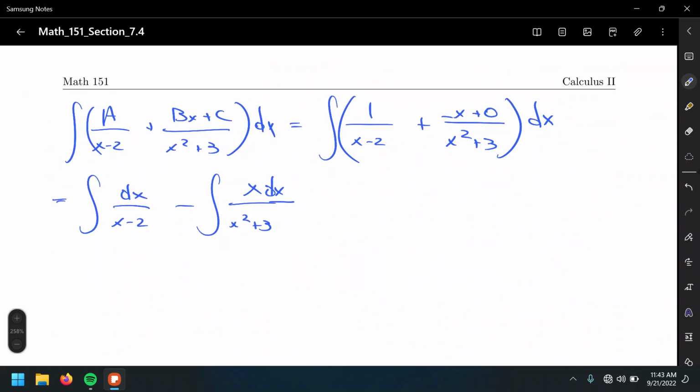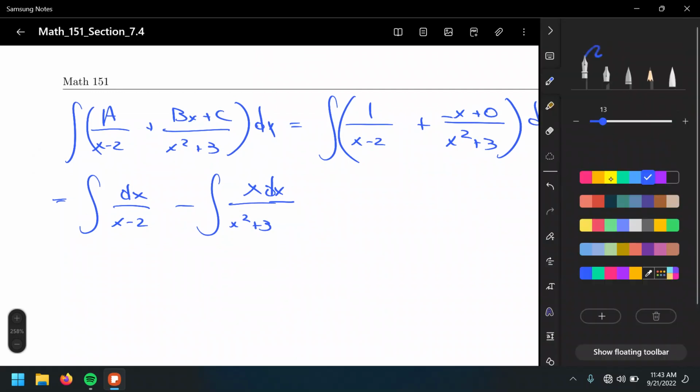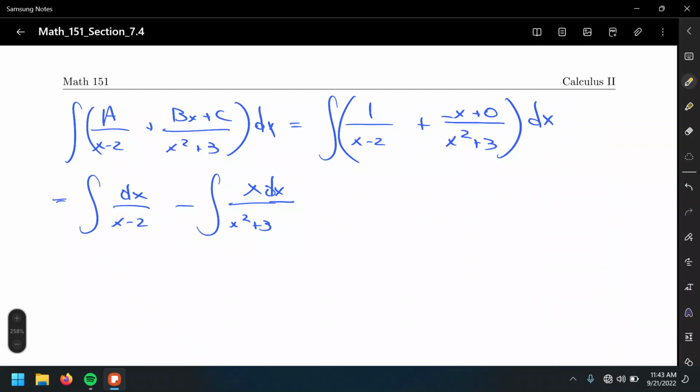Okay, the first integral is a very straightforward ln rule problem. The second one is going to be a u substitution. u equals x squared plus 3, du equals 2x dx, so x dx is 1/2 du.